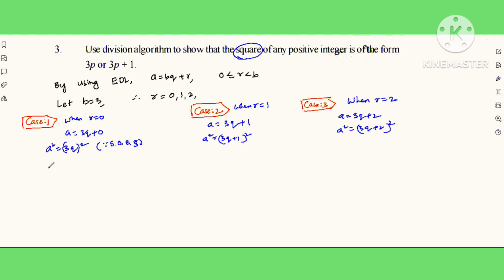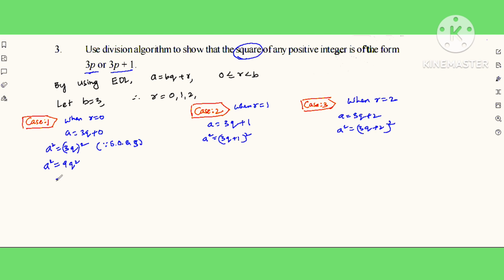Okay, now here, what do you get? a square equal to 3q whole square. Now, we have to get either 3p form or 3p plus 1. Okay, so 3 into some integer, or 3 into some integer plus 1. Okay, now what do you get here? a square equal to, you can write here 3 square is 9, 9q square.